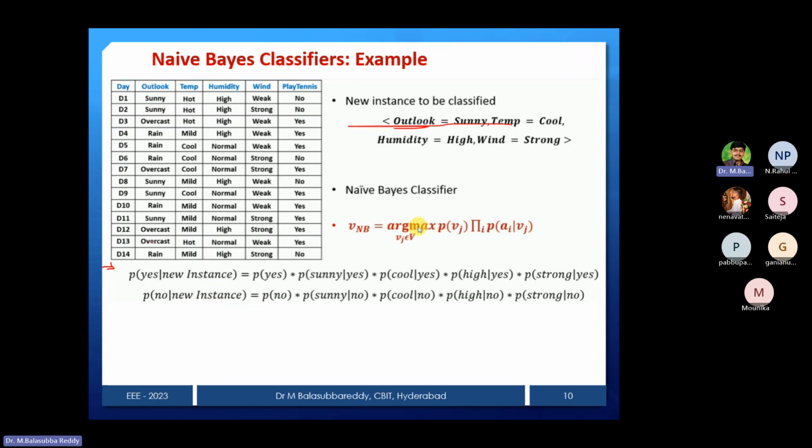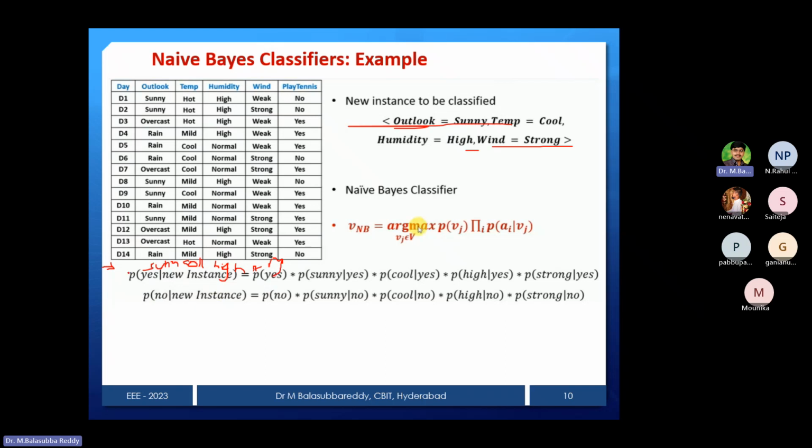Outlook is sunny, temperature is cool, humidity is high, and wind speed is given as strong.